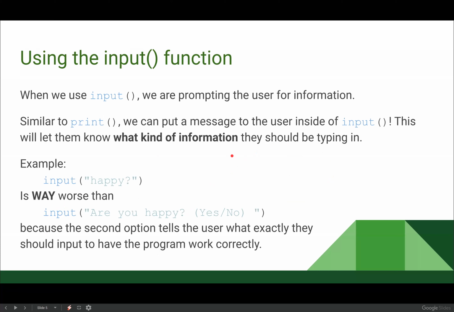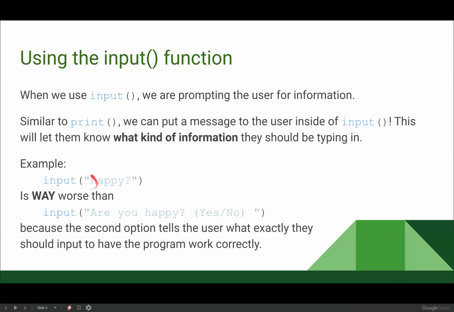And that is using the input function. So whenever we use input, we are going to be prompting the user for some information. Similar to how we use print, we are allowed to put a message to the user inside of our input, and that will let the user know what kind of information they're expected to be typing in here.